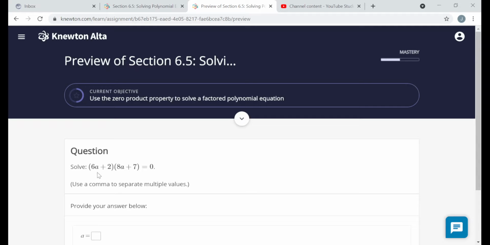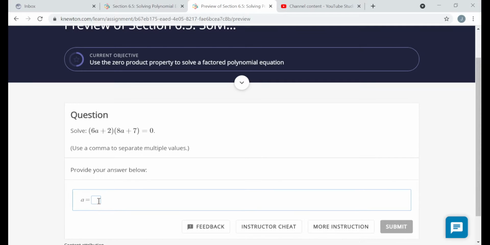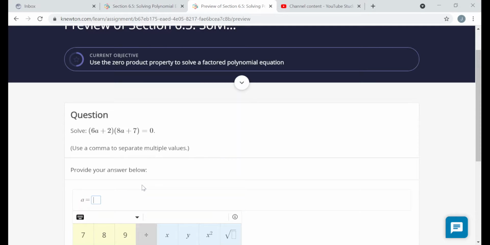So when is 6a plus 2 equal to 0? Well, that'd be negative 2/6, but negative 2/6 is negative 1/3 when you reduce it. So negative 1/3 is one solution, comma. And the other factor of this polynomial, 8a plus 7. When is that 0?